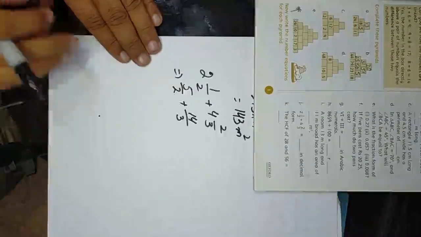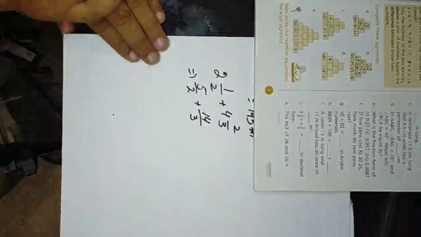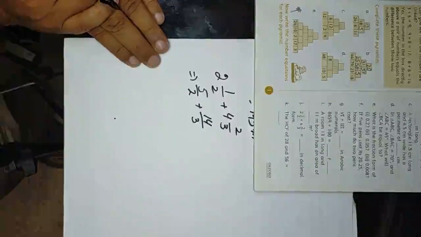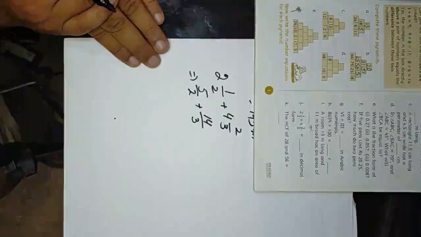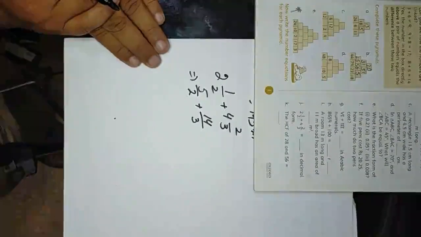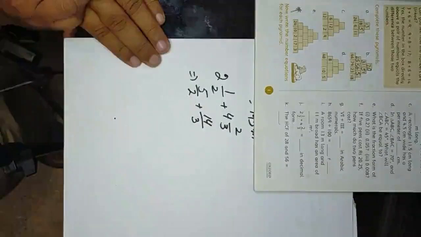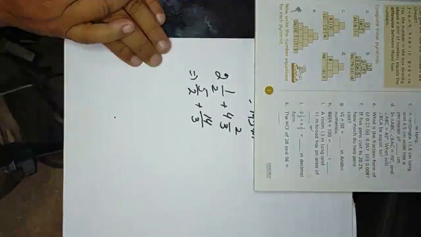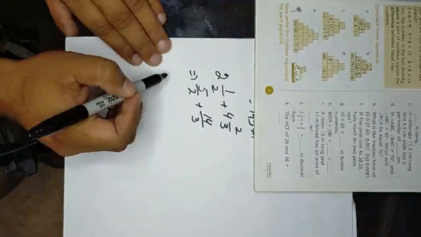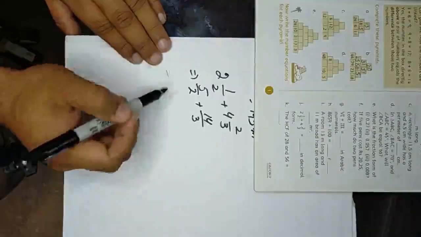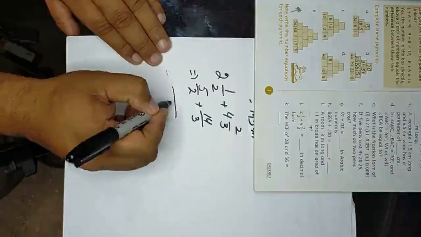So, how do we do this? We have simple fractions and now we need to add them up. Is that clear? Right. So normally the best way is that we find the LCM of them. And if we find the LCM of them, that would be 6.